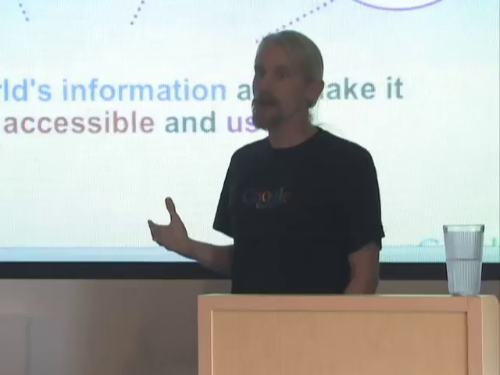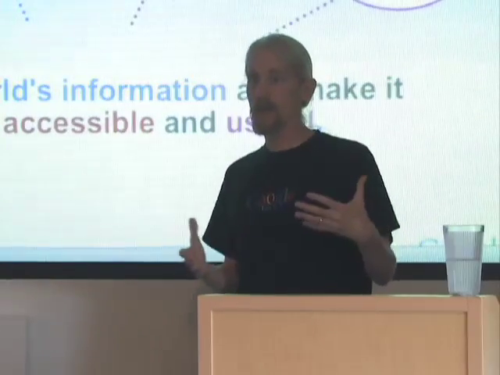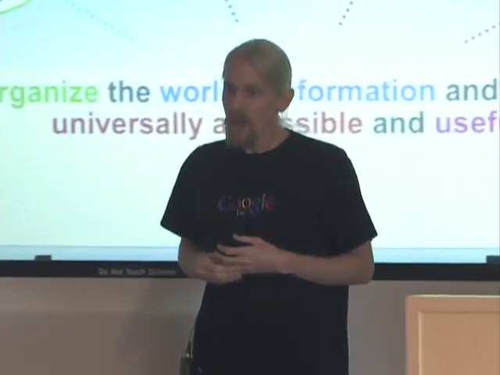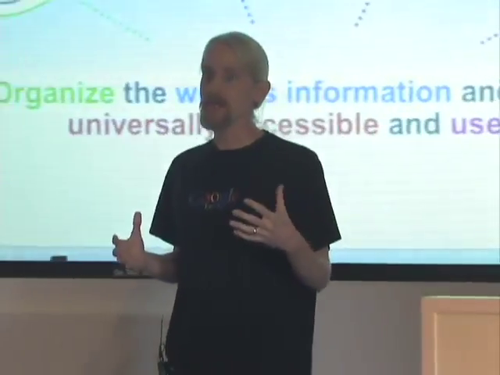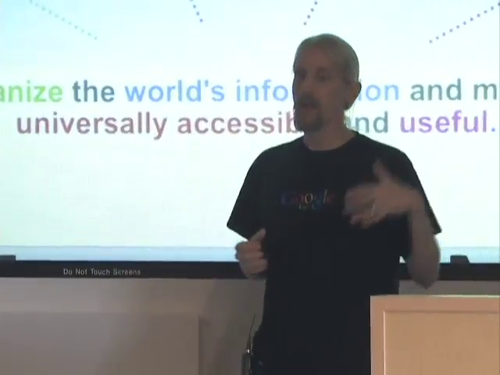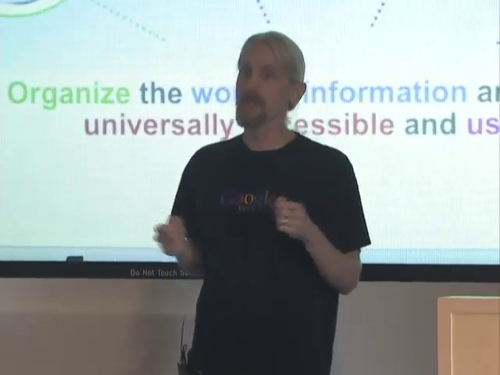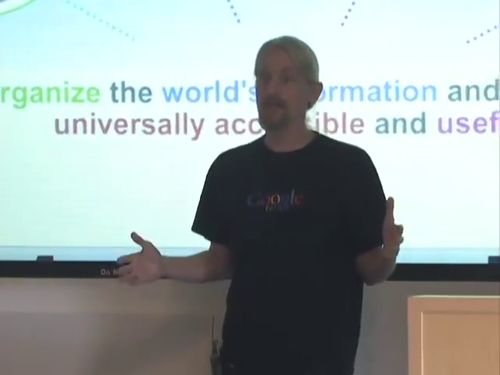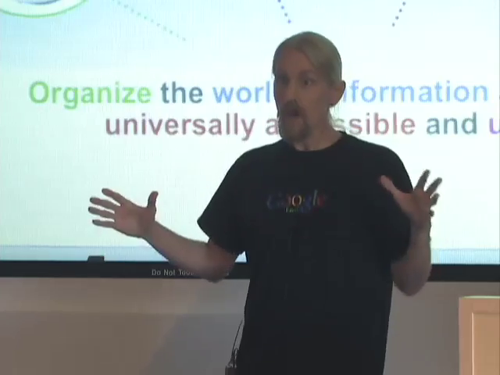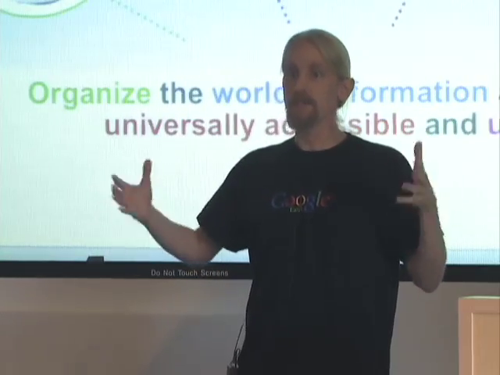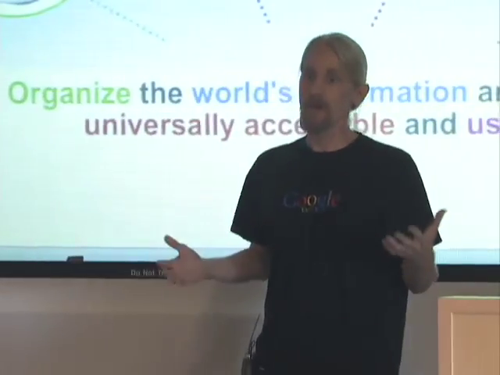And this is a real challenge because for a lot of very specialized uses, it might be for science researchers or bird watchers or hikers, the ideal way of accessing that information is going to be very specialized to that particular domain. And Google can't possibly develop all the different specialized user interfaces for all of these different applications. What we can do, though, is provide open APIs to allow developers to write these applications on top of Google's services as a platform, which is why the Google Maps API.